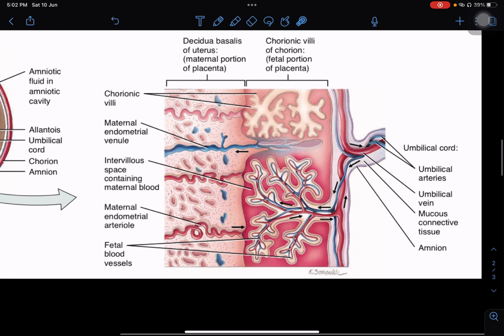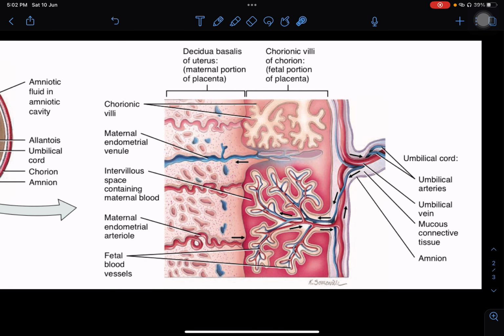If you see the details of this diagram, as this chorionic villi is penetrating to the deeper part of the endometrium, the maternal blood vessels will break, and this blood will get filled inside certain cavities, certain spaces. And now this chorionic villi is actually embedded inside the blood of the mother.